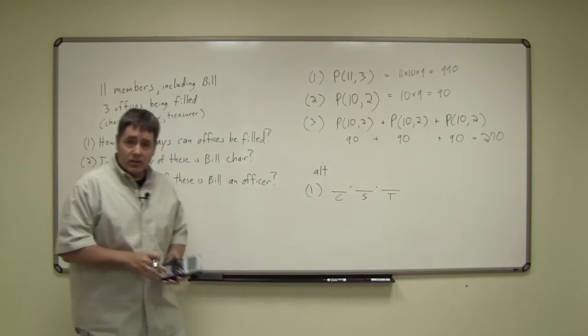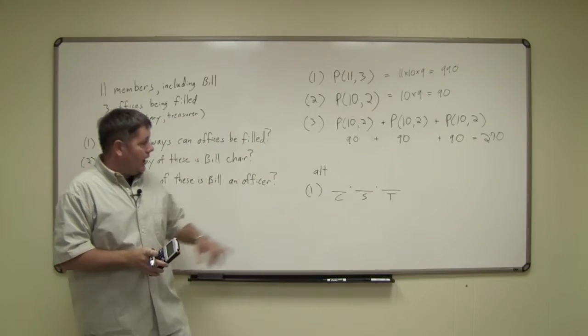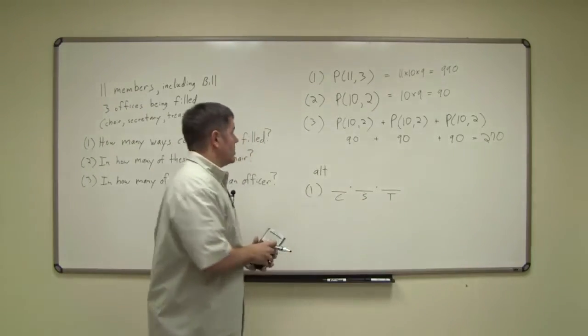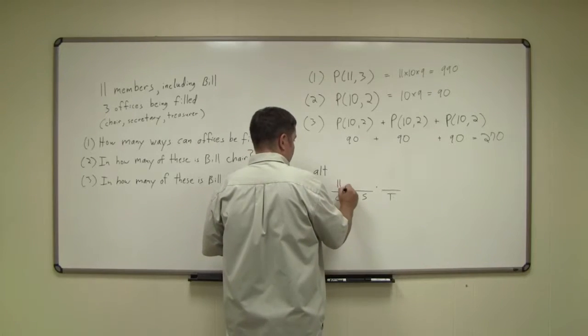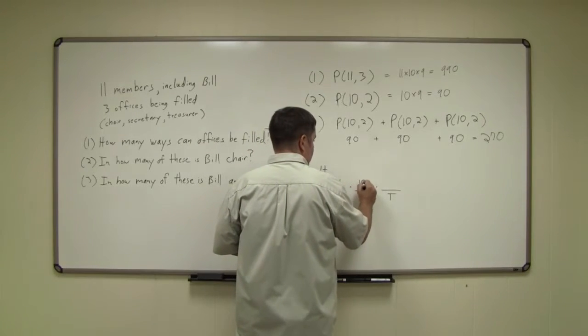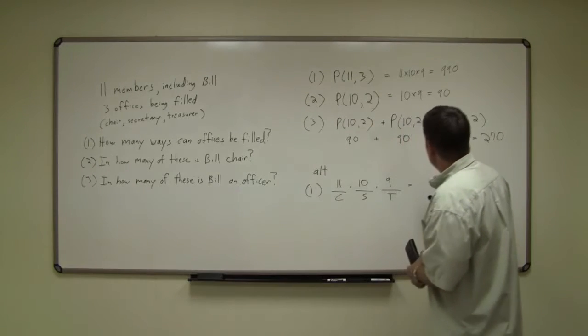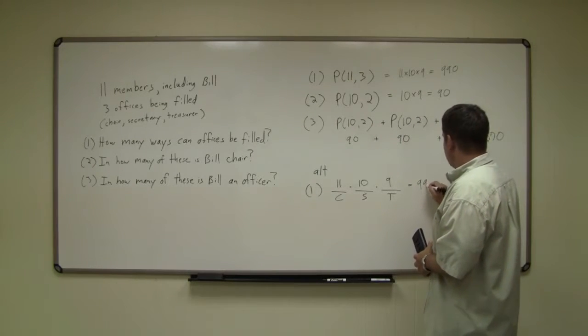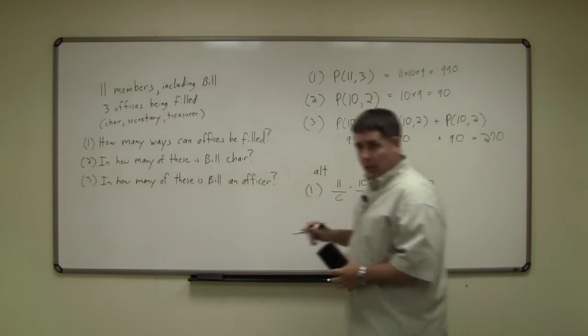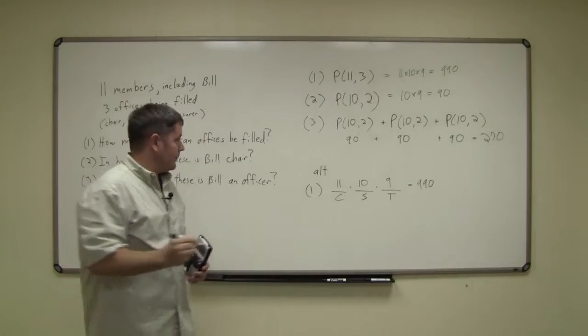So for problem 1, as an example, we would say, okay, I don't know any of the 3 positions. I have 11 different people who can take that office, 10 that could take that office, and 9 that could take that office. This is a different way to get to the same 990 answer that we did with the permutation notation.